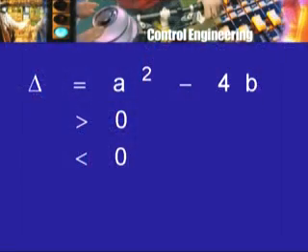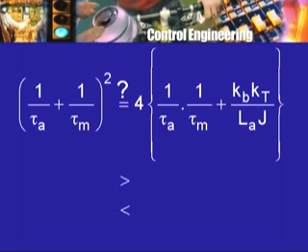So our discriminant was delta equal to a squared minus 4b, where a is the coefficient of s. The coefficient of s is 1 by tau a plus 1 by tau m, whole squared, and we are looking at delta equal to 0. So this should be equal to 4 times b. b is the constant coefficient, which is 1 by tau a into 1 by tau m plus Kb Kt divided by La into J.